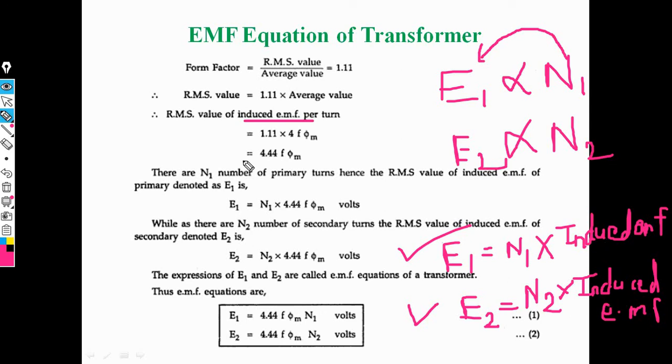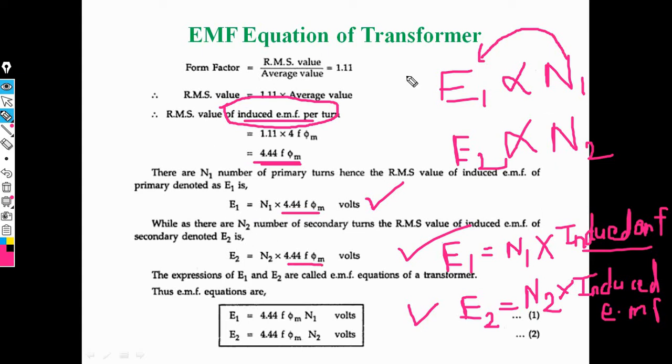Okay, now here the value of induced EMF calculated earlier, 4.44, is put here, that is E1 is equal to N1 into 4.44 f phi m, and this induced EMF is measured in volt. Then the same for E2, E2 is equal to N2 into 4.44 f phi m.